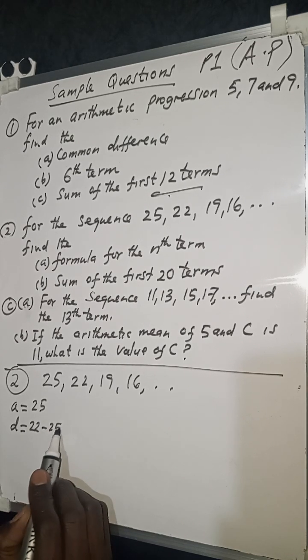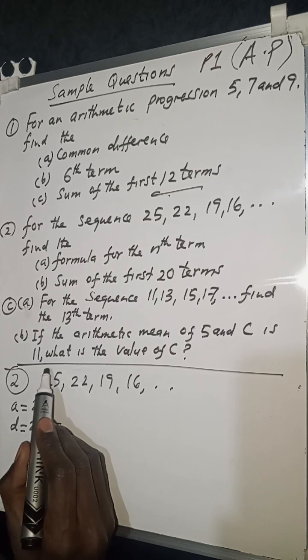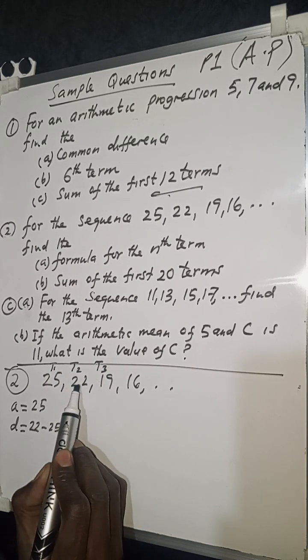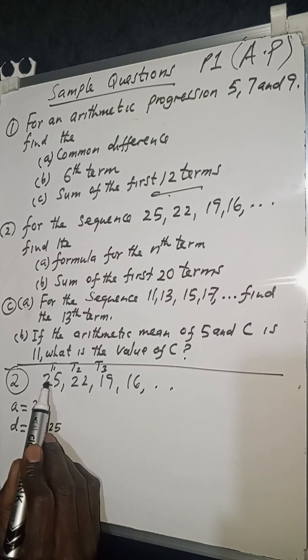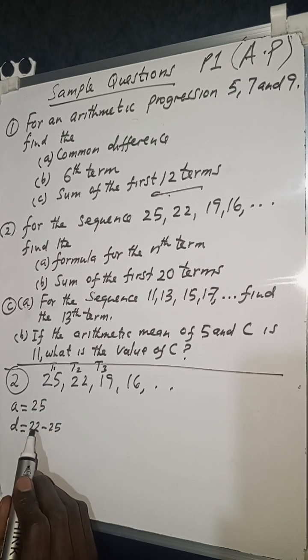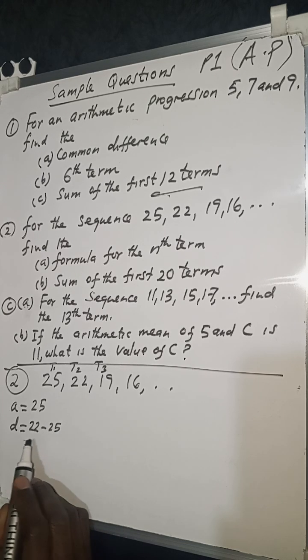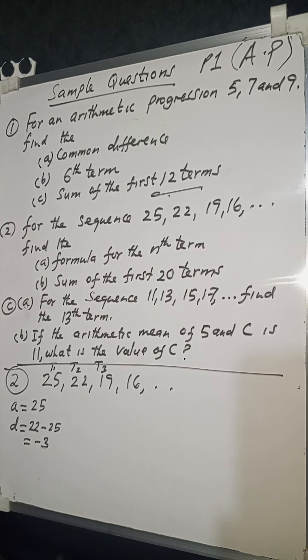Don't say 25 minus 22. This is the first term, this is the second term, that is the third term. So it is the second term minus the first term. And don't say 25 minus 2, it's wrong. So 22, 23, 24, 25, and that will give us negative 3.